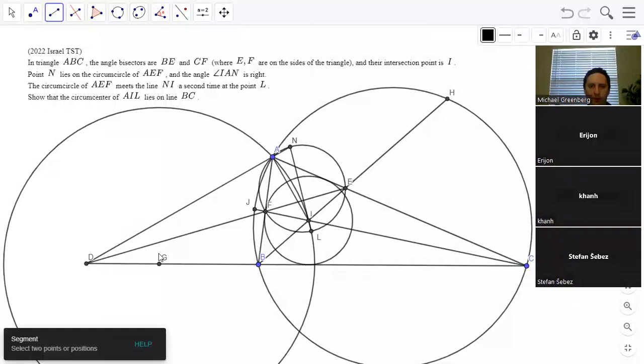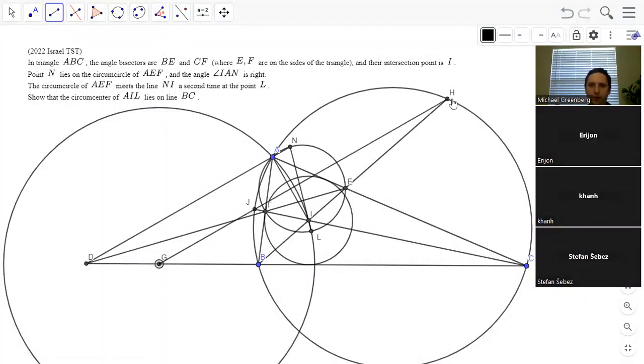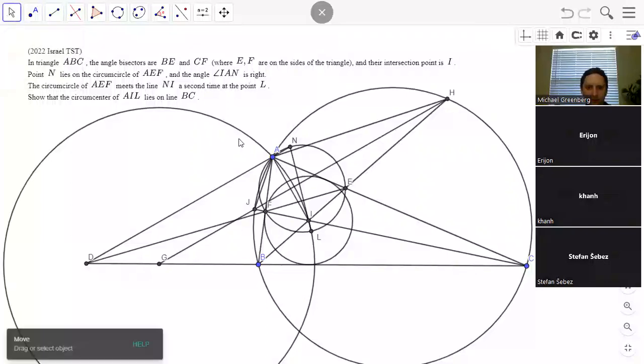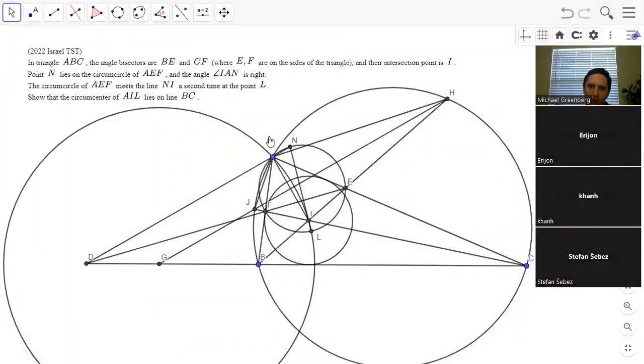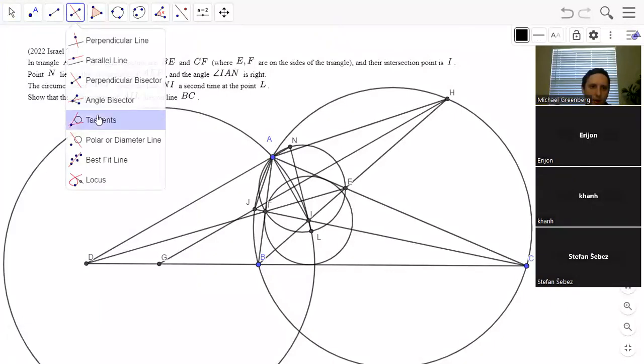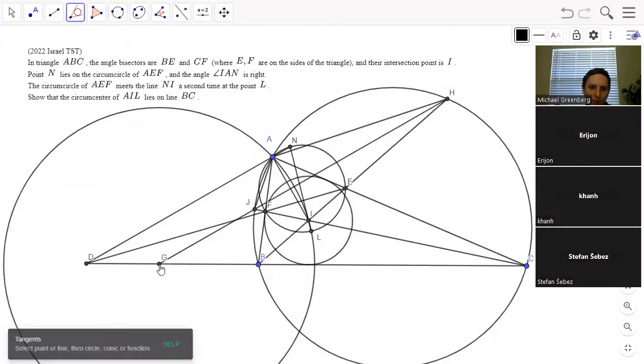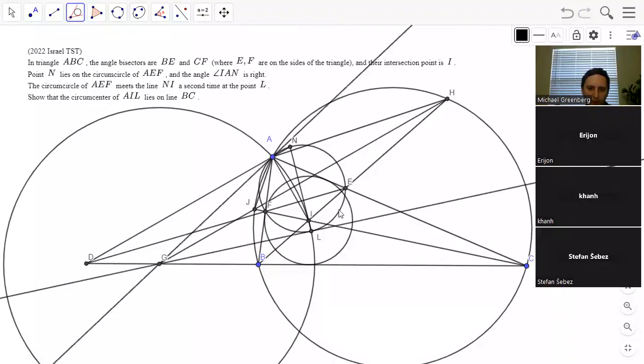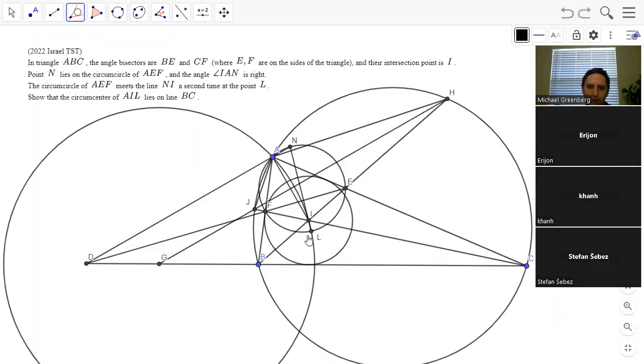AJIH is a kite by the incenter-excenter lemma. What do we get if we draw this tangent? Yeah, I think GL might be, it looks like it, yeah. We show GL is tangent.